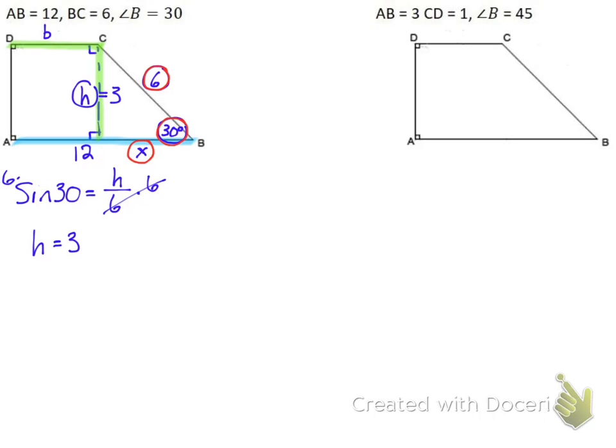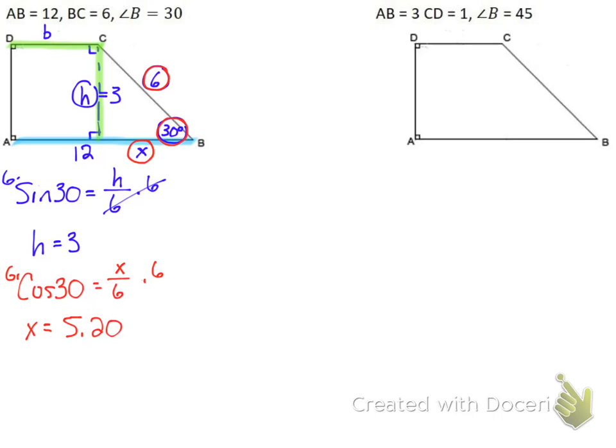That would be cosine because X is adjacent and 6 is hypotenuse. So I'm going to go cosine of 30 is equal to X over 6. Again, multiply both sides by 6. 6 times the cosine of 30, and that gives me, let's see, X is equal to 5.196, so 5.20.